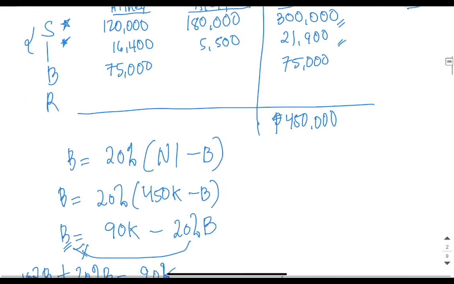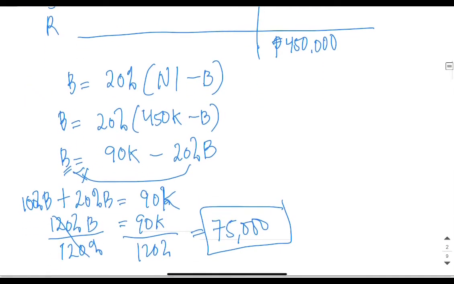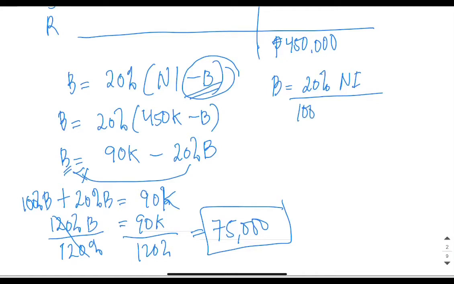Okay, actually there is a shortcut, no? So not to be confused about this algebra. If the bonus is based on an amount after the bonus, to eliminate this after bonus, all we have to do is divide by this formula, 20% net income. Divide this by the 100% plus this rate of bonus, which is 20%.